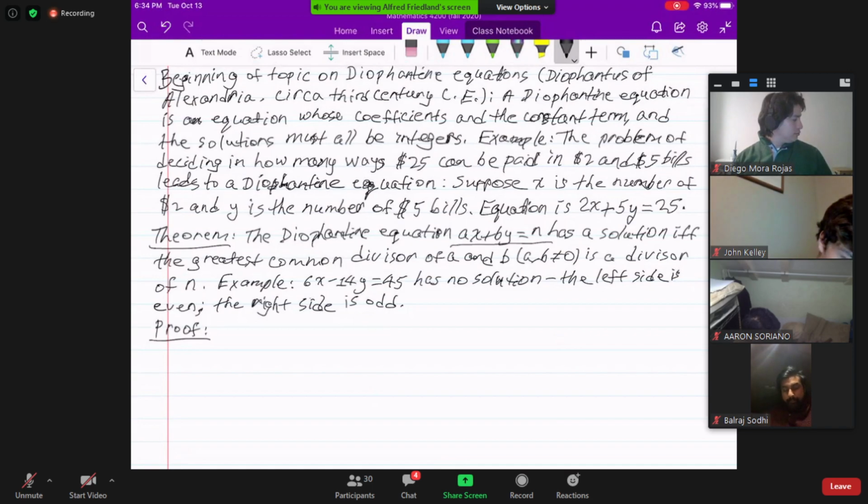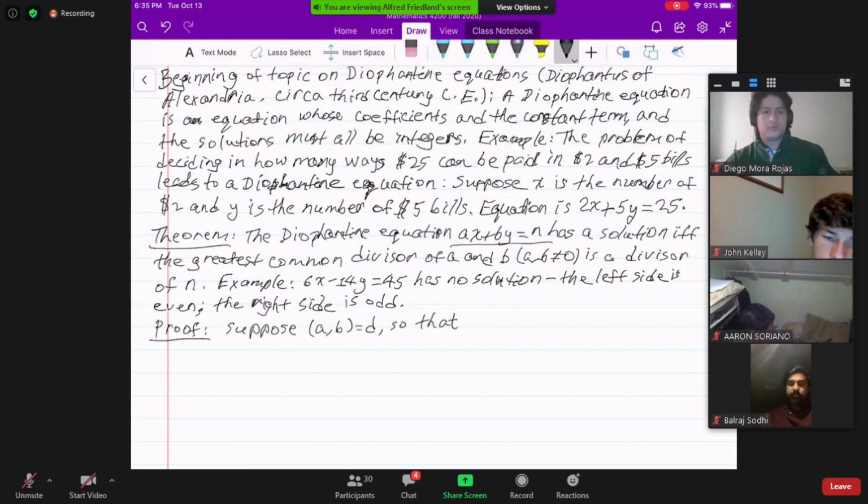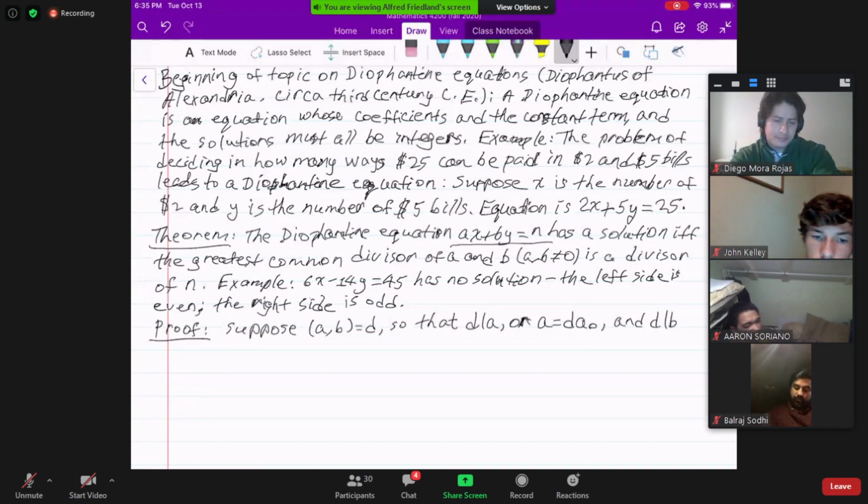Suppose D is the greatest common divisor of A and B. Remember what that means: D divides A, or A equals D times some number, A sub 0, and D divides B, and that means B equals D times something, say B sub 0.